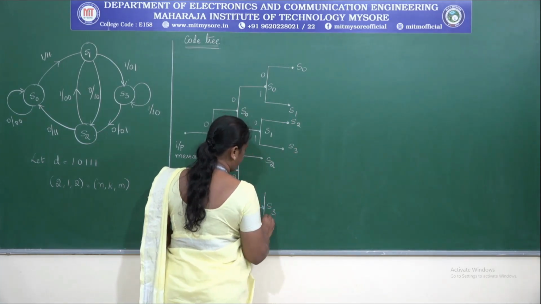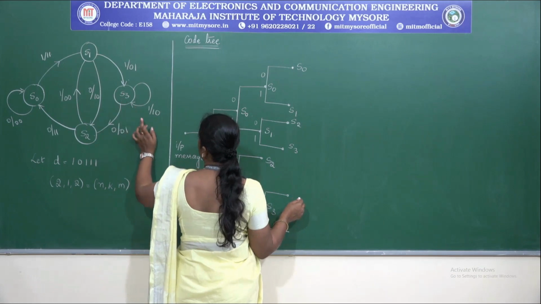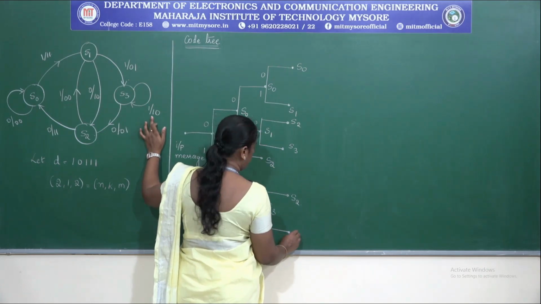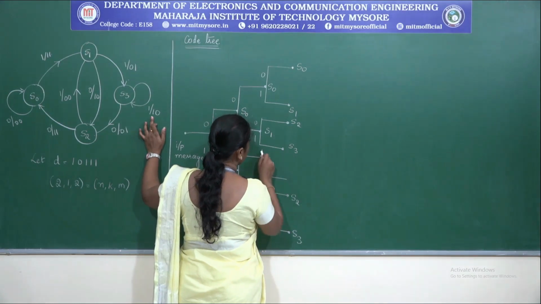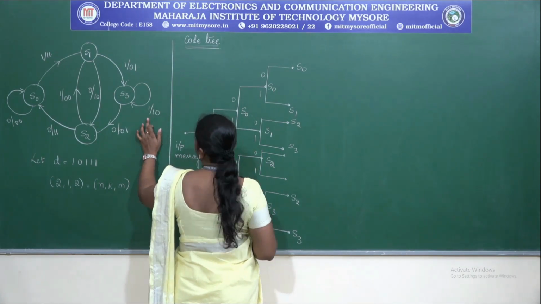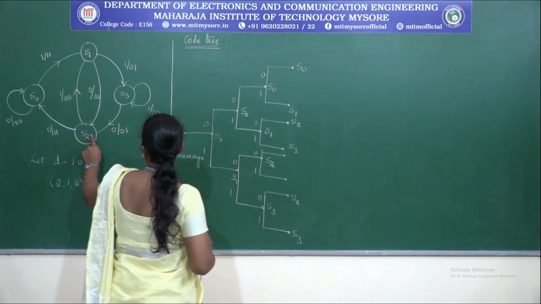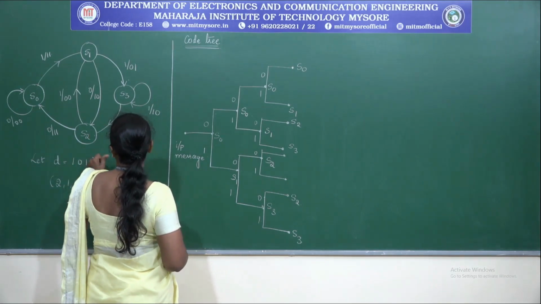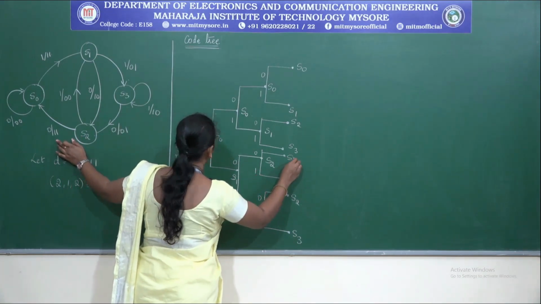Similarly with respect to S3, if the input is 0, it goes to S2, and if it is 1, it stays in S3. And in the case of your S2, we also have two branches, 0 and 1. With respect to S2, if the input is 0, it has a 0 transition.